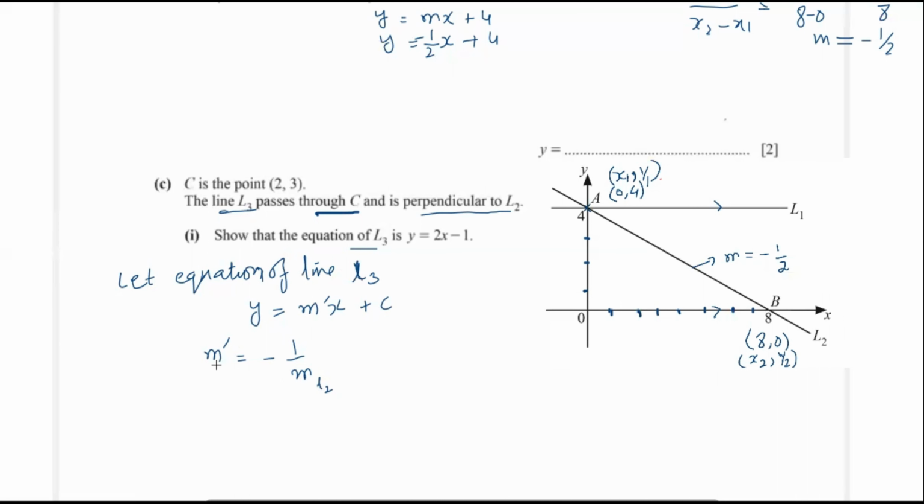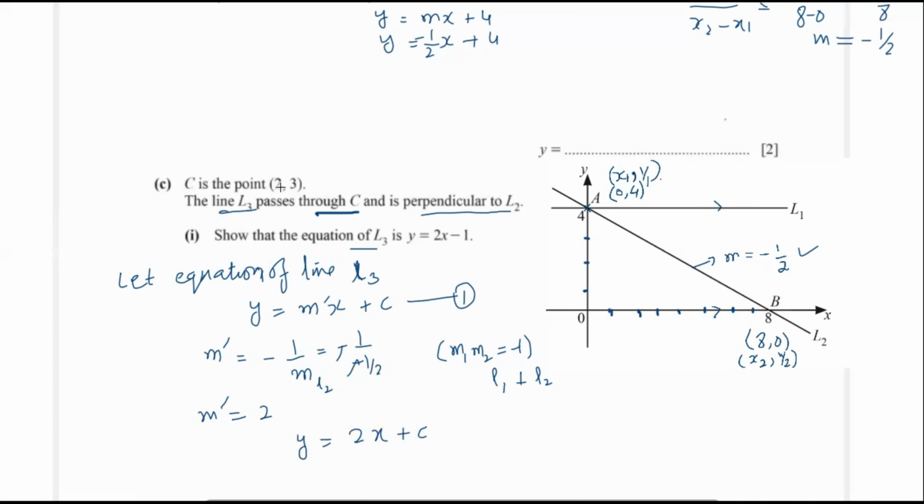Therefore, m dash will be negative 1 over m of L2, because this is the property: m1 times m2 equals minus 1 when two lines are perpendicular. The gradient of line L2 is minus 1 over 2. We write it as minus 1 over minus 1 over 2. Therefore, m dash will be equal to 2. Now the equation of this line becomes y equals 2x plus c.